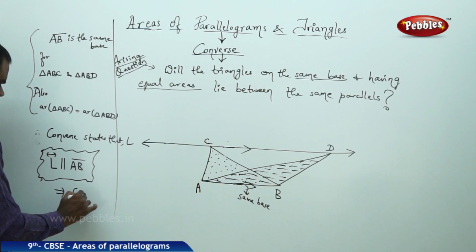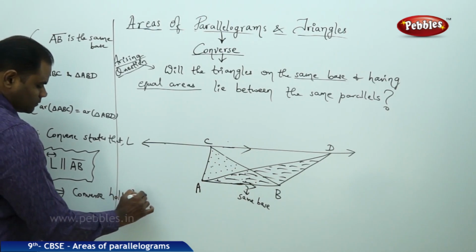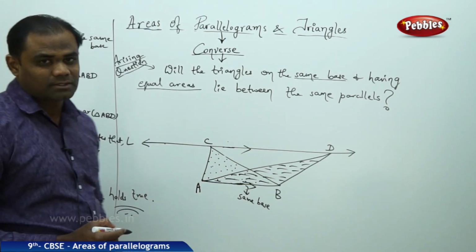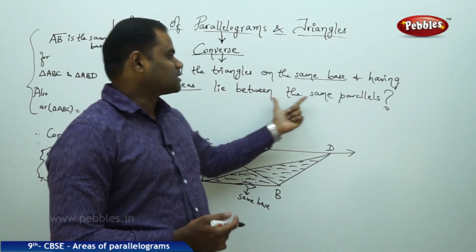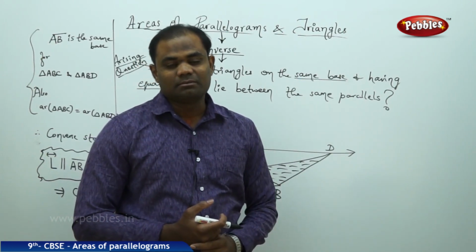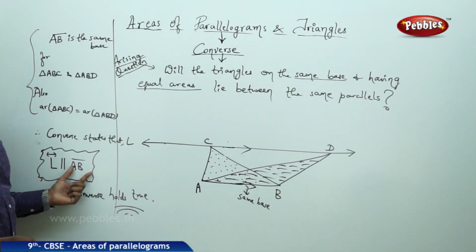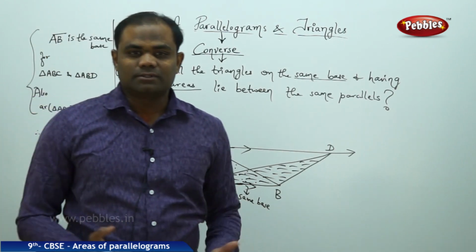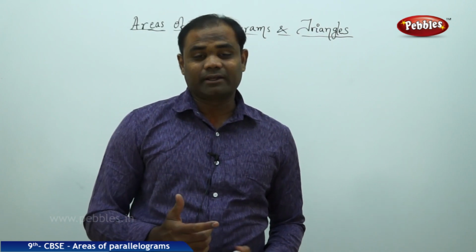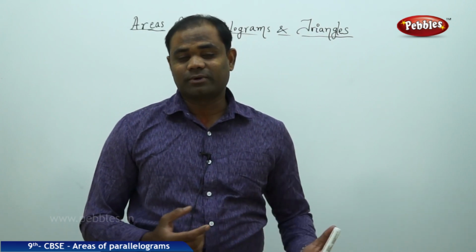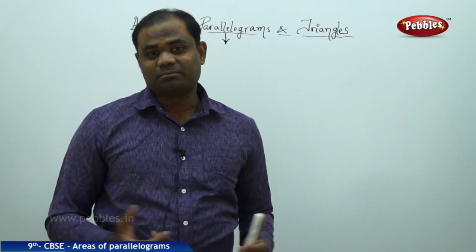Therefore, the triangles which are on the same base and having equal areas must lie between the same parallels. L is parallel to AB, is how we understand the converse and its conclusion. Now that we have discussed the same base theorem on triangles and its converse, now comes the question on applications of the same base theorem in solving many math problems.